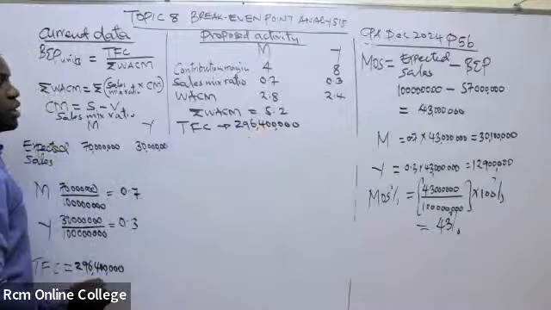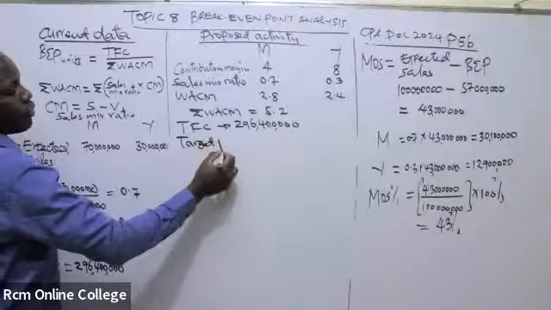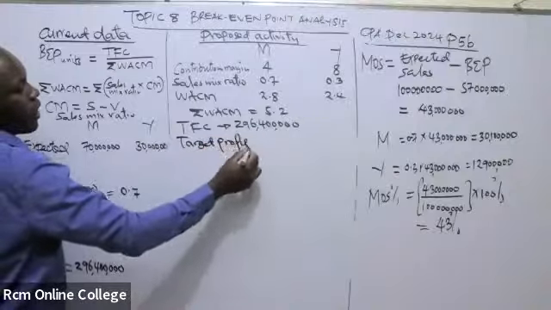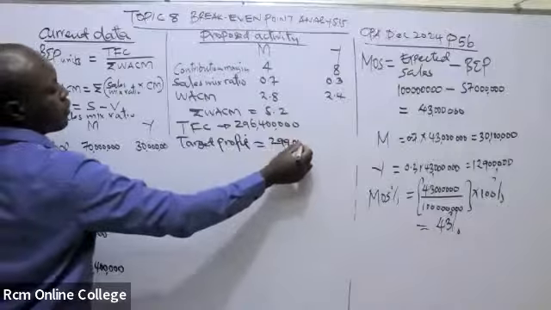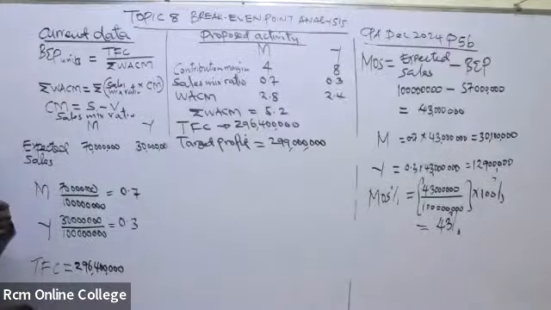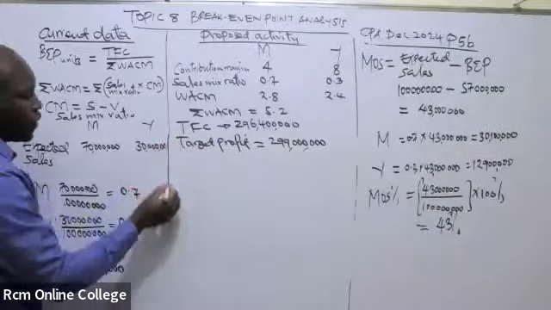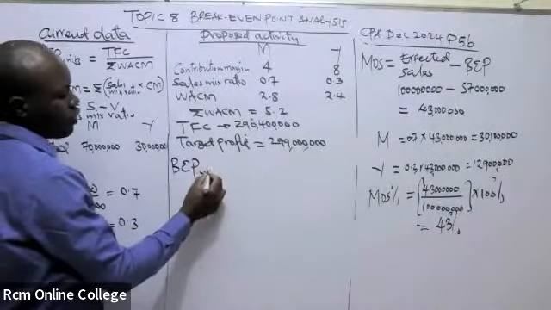The only thing that is being introduced here is what we call target profit. Our target profit is equal to 299 million. So how do we get break-even point in units with a target profit?